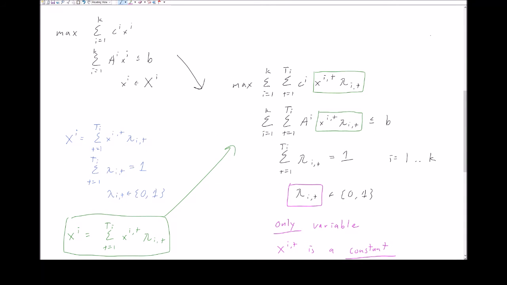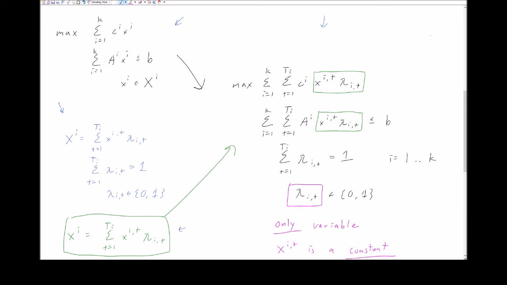The Dantzig-Wolfe reformulation combines our previous program, our decomposable program, with this new idea, writing capital Xi as some linear combination, and gets us the Dantzig-Wolfe reformulation. The key ingredient to this is rewriting the vector little xi. We can rewrite the vector little xi as the sum from t equals 1 to capital Ti of xit times lambda it.